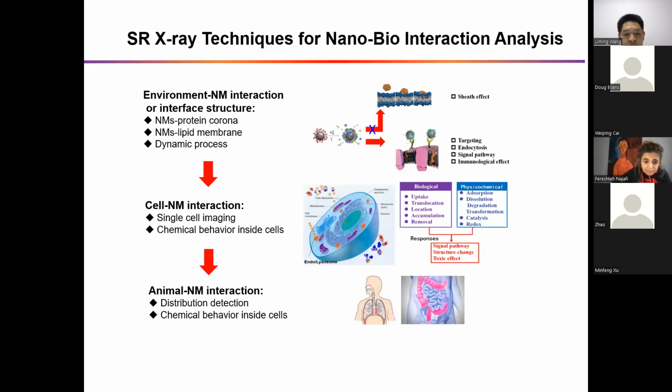Second is the chemical reactions of nanomaterials inside the cells or inside the tissues. So the second interface is what happened to the surface of nanomaterials when the chemical reaction happens. So we capture these chemical reactions at the single cell level and at the animal level.